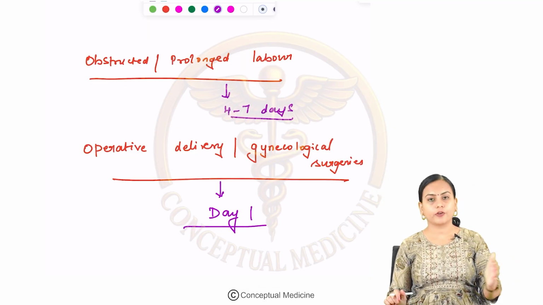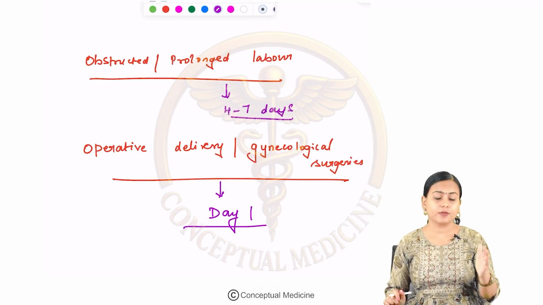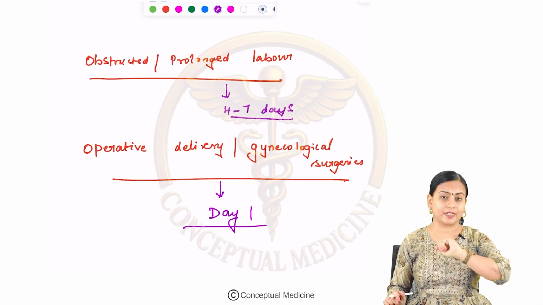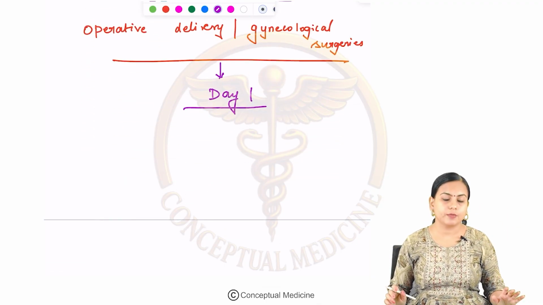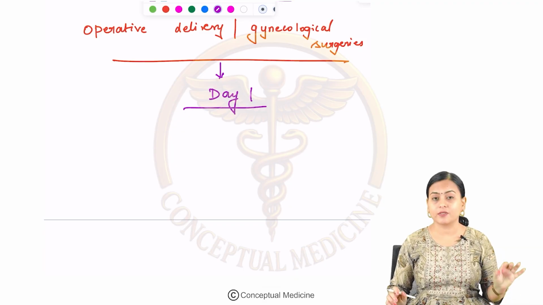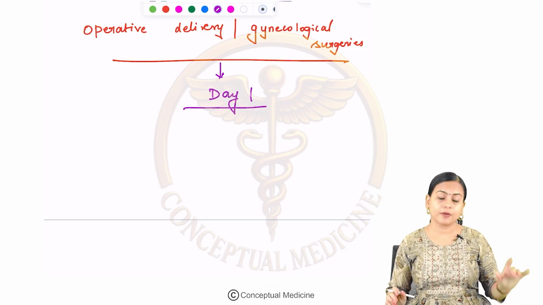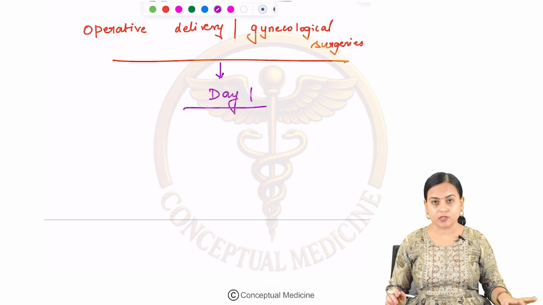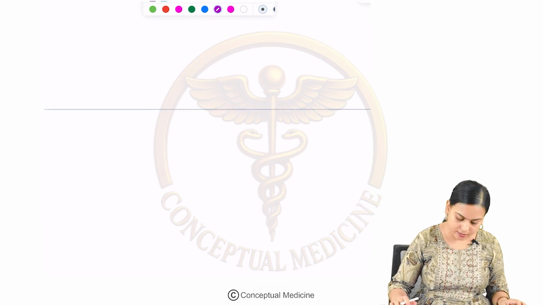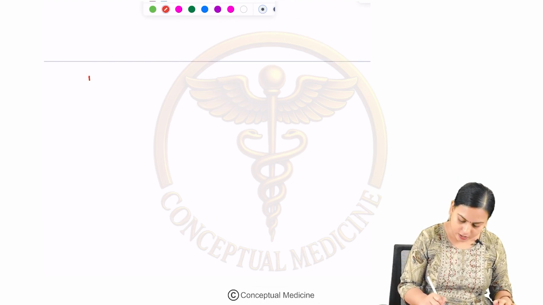So, obstructed or prolonged labor, the complaint will be starting only after 4 to 7 days, whereas in gynecological cases and operative delivery, the complaint will be present from day 1, because that will be very acute, okay, because the mechanism of fistula in obstructed labor is ischemic necrosis. Clear? Right. Now, let us see how we are going to diagnose this condition.